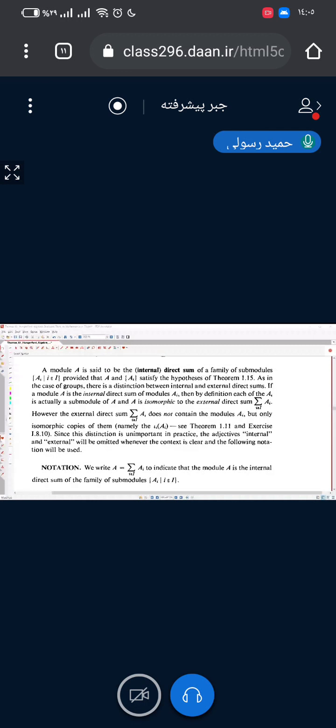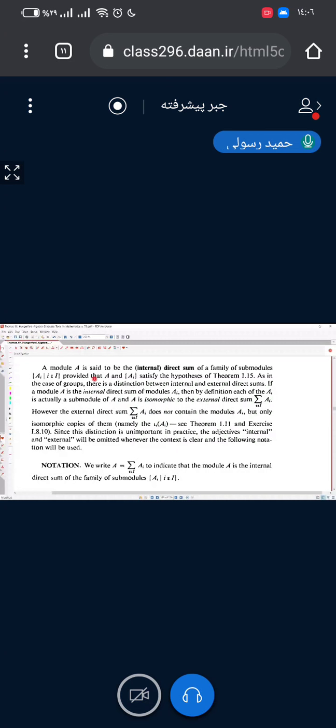Here in this paragraph, it says something about the difference between internal direct sum and external direct sum. The module A is said to be an internal direct sum of a family of submodules A_i, provided that A and A_i satisfy the hypothesis of theorem 1.50. As in the case of groups, there is a distinction between internal and external direct sums.